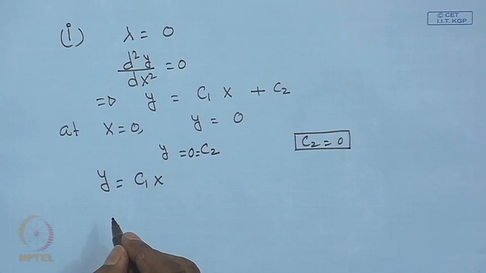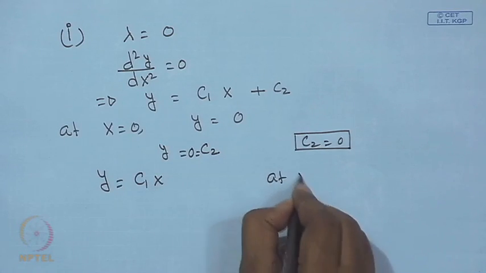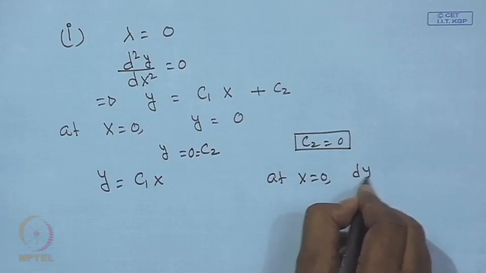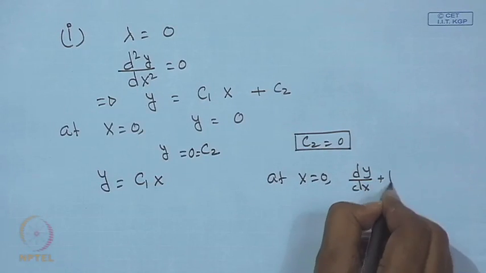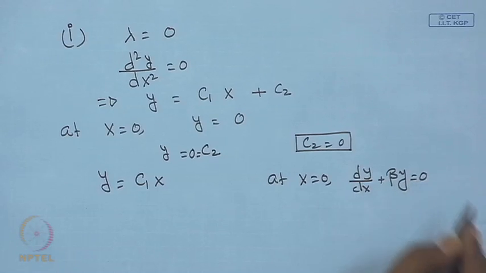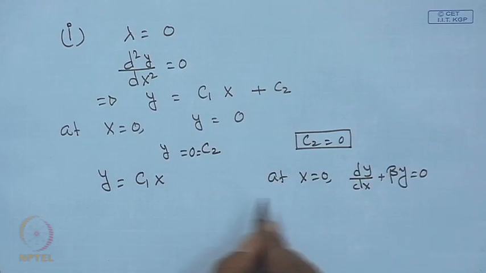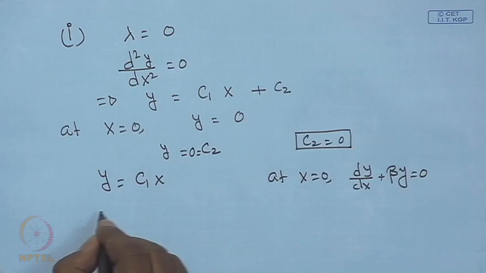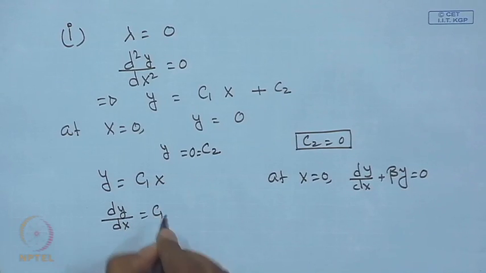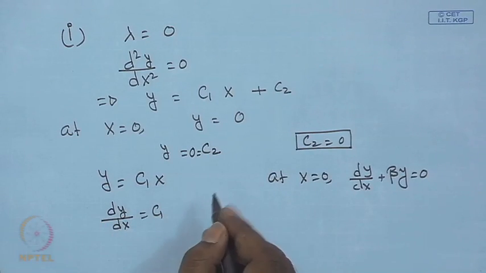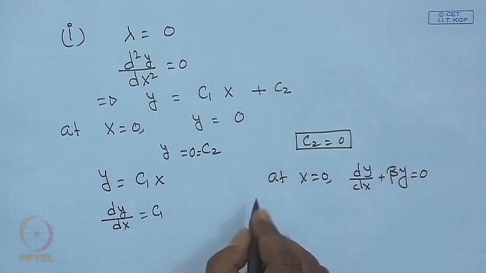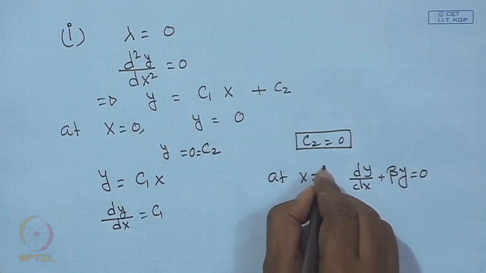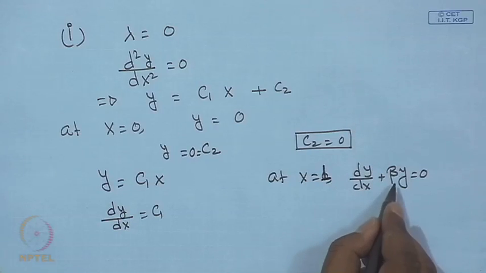Now, if we use the other boundary condition, that is at x is equal to 1, dy dx plus beta y is equal to 0.